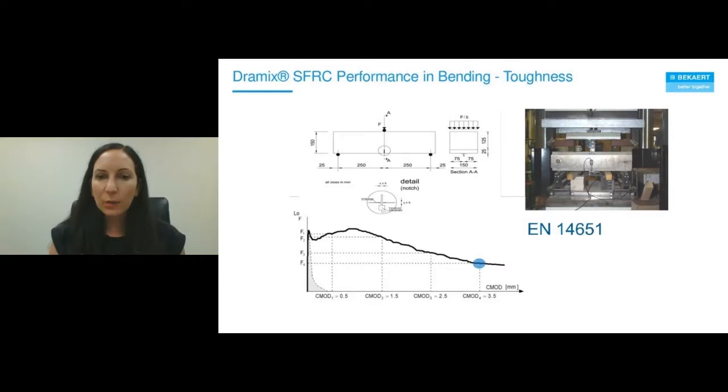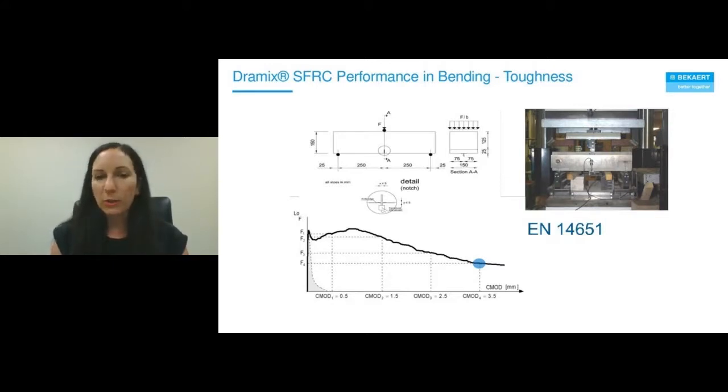And the way that it works is, as you apply load, you measure the crack mouth opening, right? You have that notch in the center, so you know where the crack will propagate from. And so the CMOD values that you see there, that stands for crack mouth opening displacement. And there are 4 preset data points that you log at 0.5, 1.5, 2.5, and 3.5 millimeters.